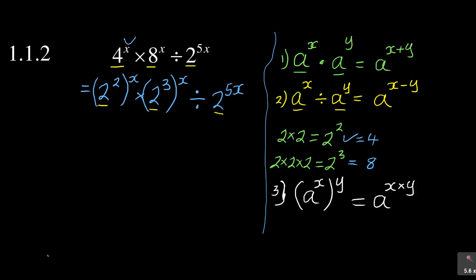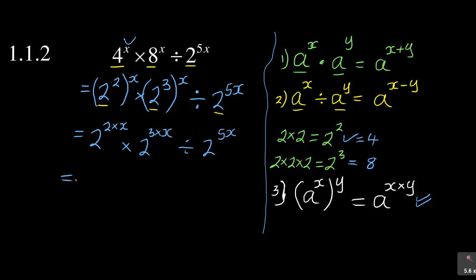Then I can move on using this particular law, which said when there is a bracket and there are 2 exponents, you need to multiply the exponents. So in this case, you say this is equal to 2 to the power 2 times x, times 2 to the power 3 times x, divided by 2 to the power 5x.